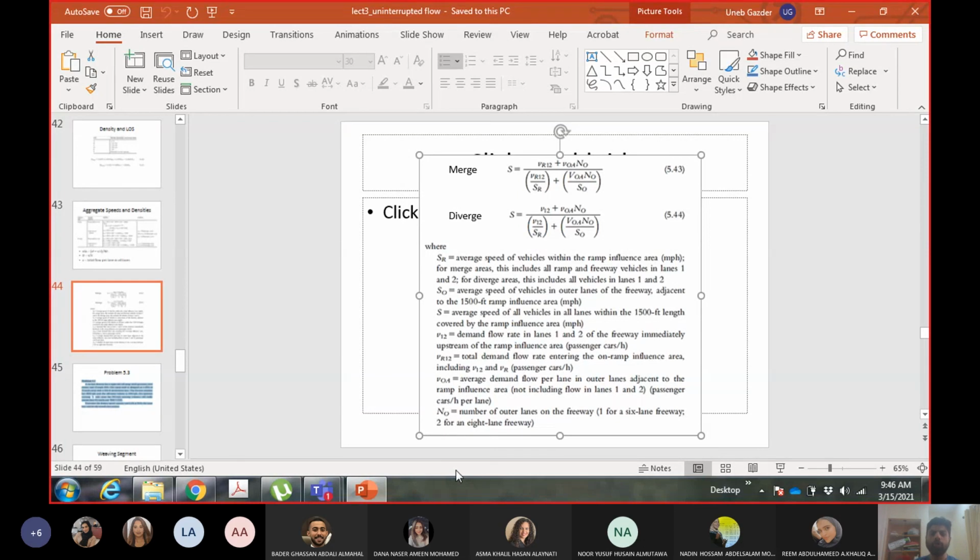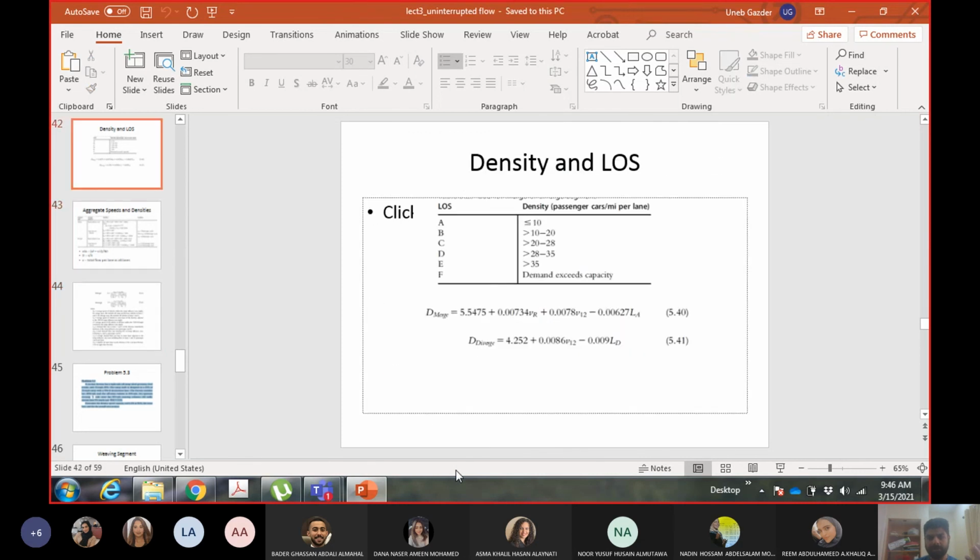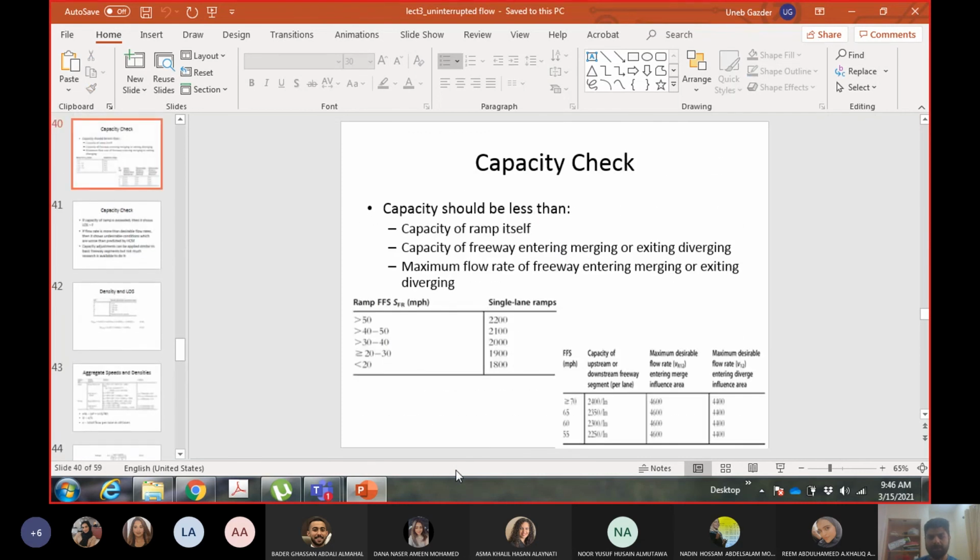So there are three capacities given. If you go over any of them, then you have level of service F. If the flow rate you have calculated is more than the per lane capacity of the ramp, you have level of service F. If you have exceeded the capacity of the freeway segment, you have level of service F. I'm talking about these tables.